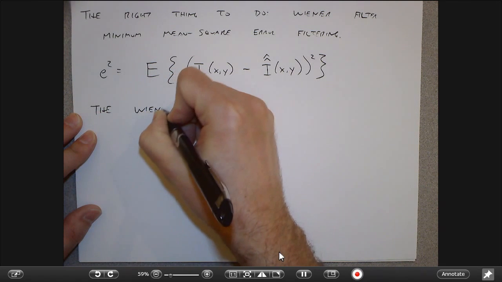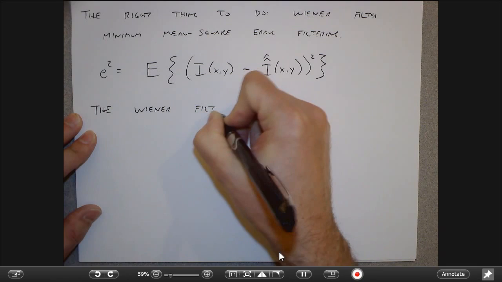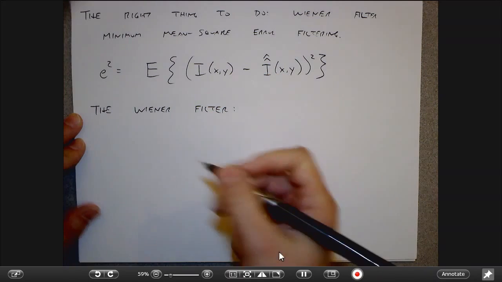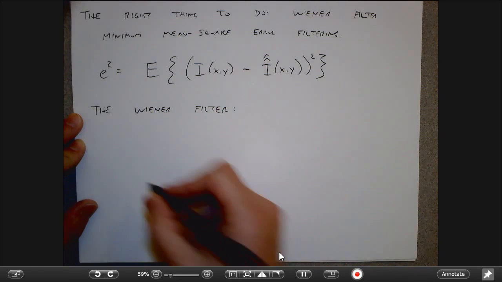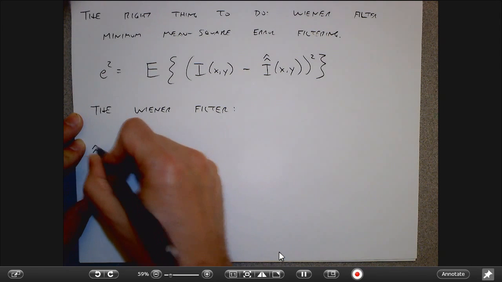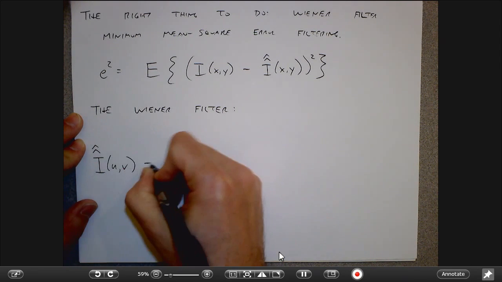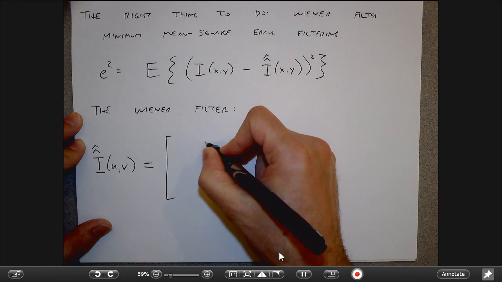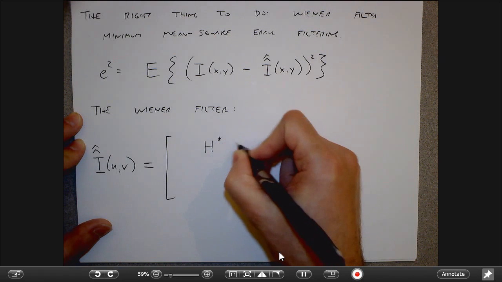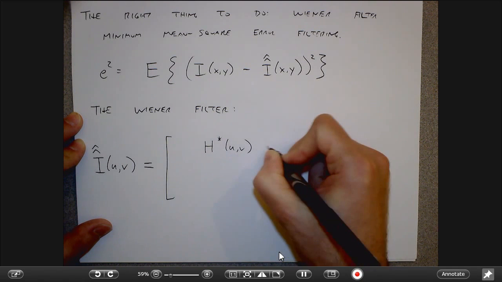and we showed there was this thing called the Wiener filter. I'm not going to prove this, but it is as follows. So what I do is I take my reconstructed output as, and I'm just going to write this down.